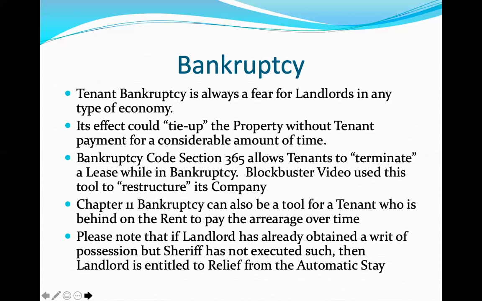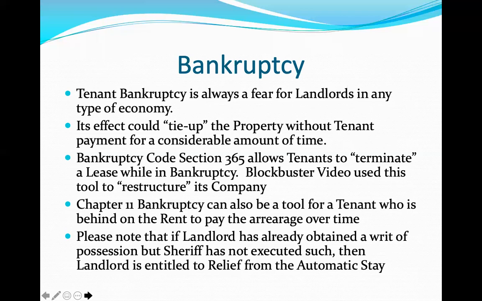Now, the one thing to keep in mind, though, is if the landlord has already obtained a writ of possession, and as we speak right now, many courts in many states are still under a moratorium on issuing a writ of possession. But if a writ of possession has been issued, but the sheriff has not executed it, then the landlord is entitled to relief from the automatic stay.